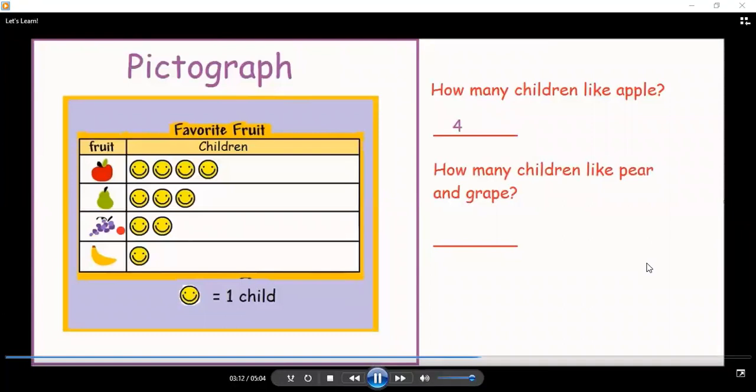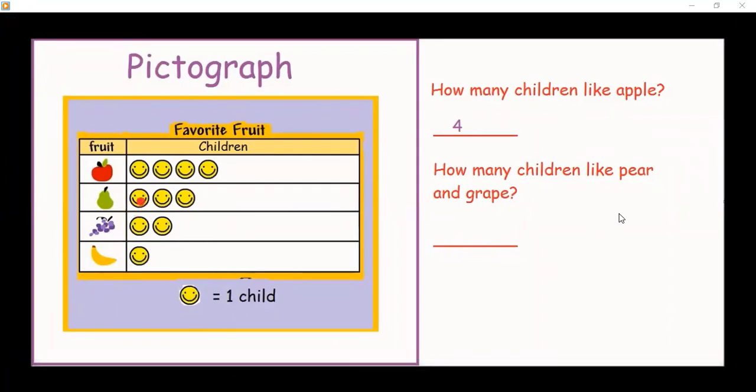Pear is 3 children, plus grape 2. 3 plus 2 is 5. That's right, 5. When we see the word and, that means that we're going to do an addition.